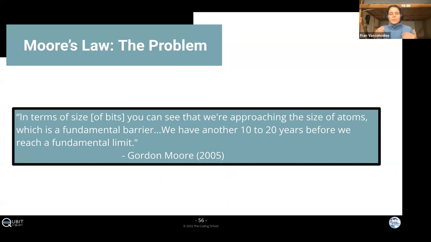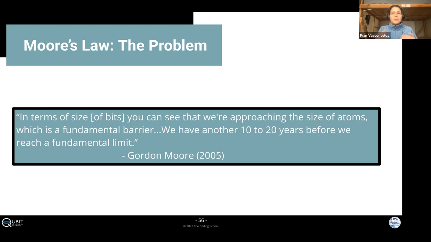Transistors have approached such a small scale that they are now hitting the quantum regime, where you start to see properties like tunneling that didn't apply at the larger, more classical level. This creates all kinds of problems if you're trying to build a computer, and it basically prevents engineers from being able to make transistors smaller.